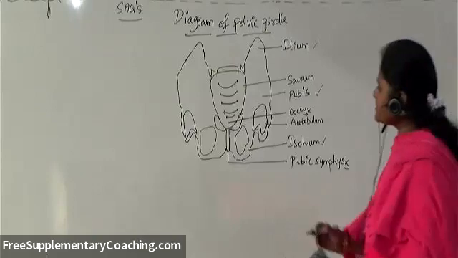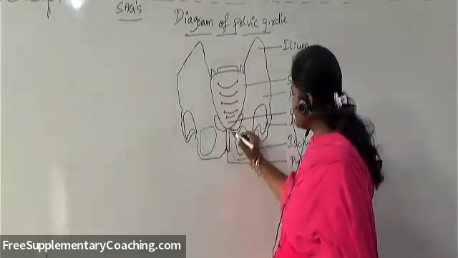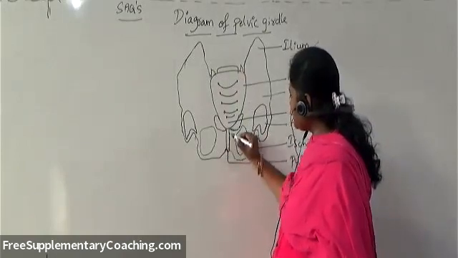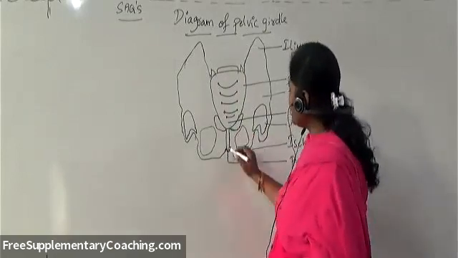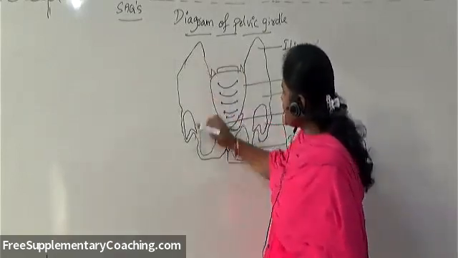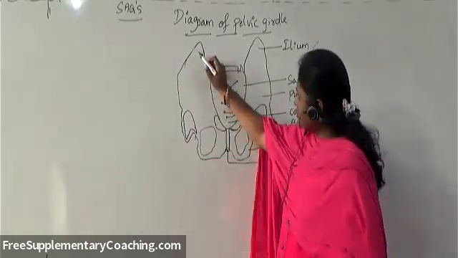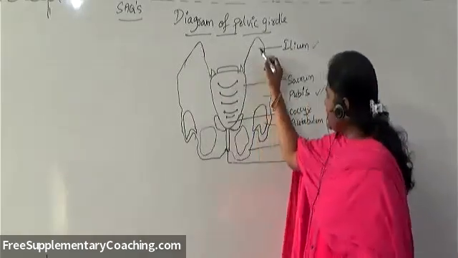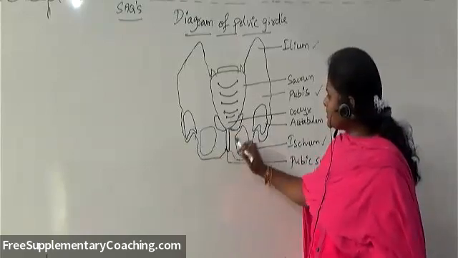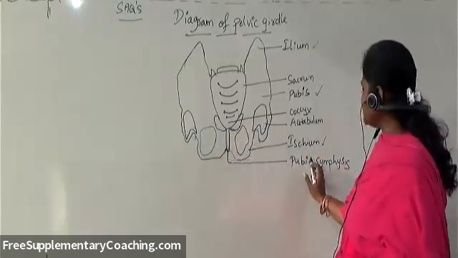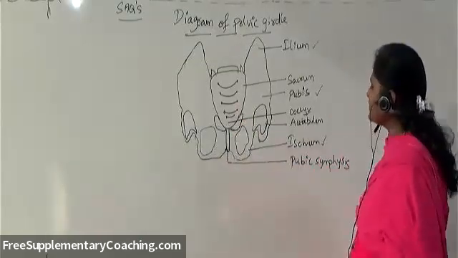So first always draw the sacrum portion. Then show the meeting, the pubic symphysis, whatever you draw. Then show the bones like ilium, pubis, and ischium, and the meeting of the two coxal bones. The meeting portion is the pubic symphysis, together forming along with the sacrum ending up with coccyx.